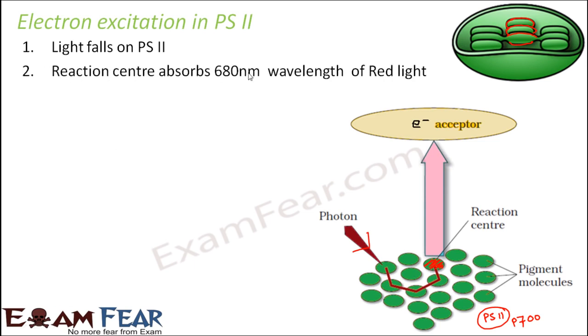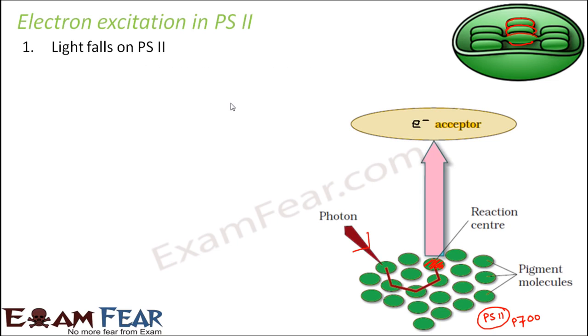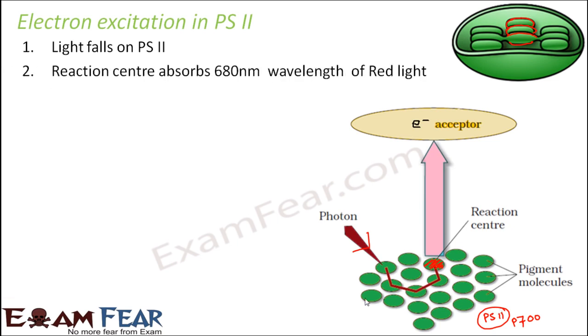So the reaction center would absorb. Okay, this is by mistake. This PS2 is 680 and PS1 is 700, right? So that was just by mistake. So please do not get confused. So this reaction center will absorb the 680 nanometer wavelength of light.